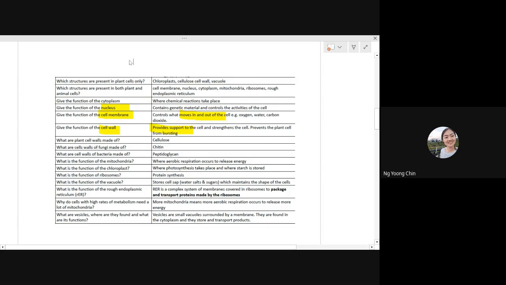I'm teaching you how to answer the paper by using the correct keyword, yeah? So the nucleus stores the genetic material. What is genetic material? Such as DNA, okay? Or you can write chromosome. And they also control the cellular activity of the cell. So you can see there are 2 functions inside the nucleus.